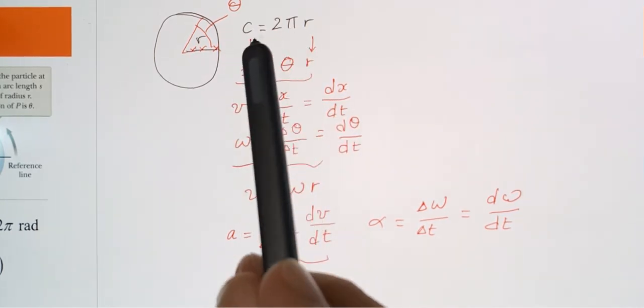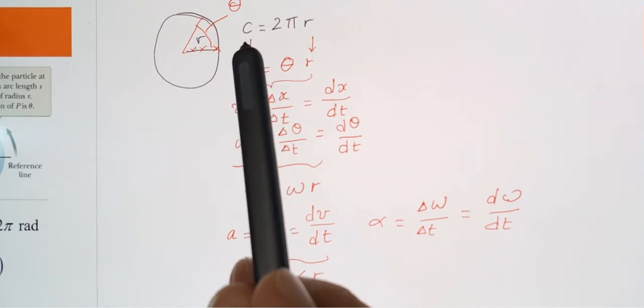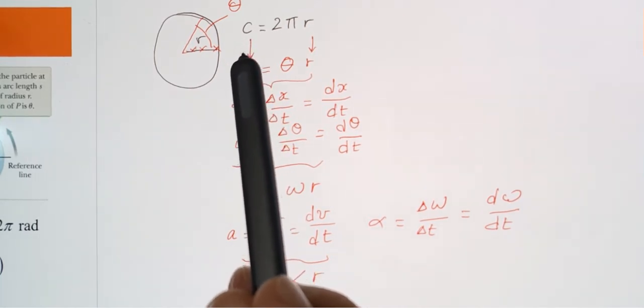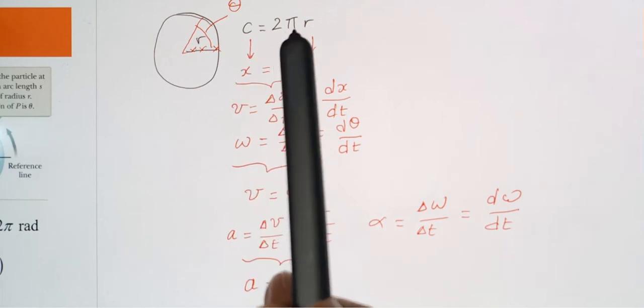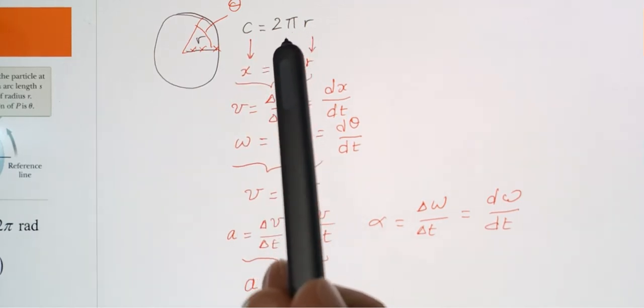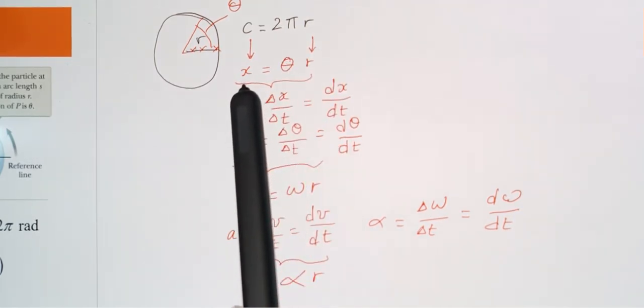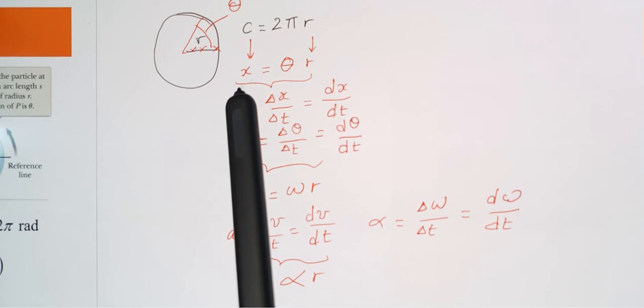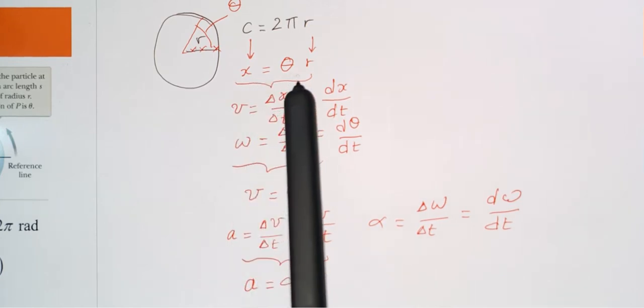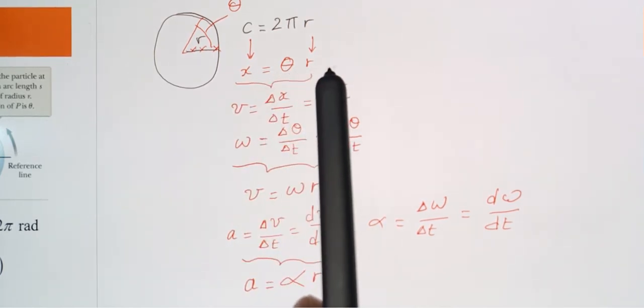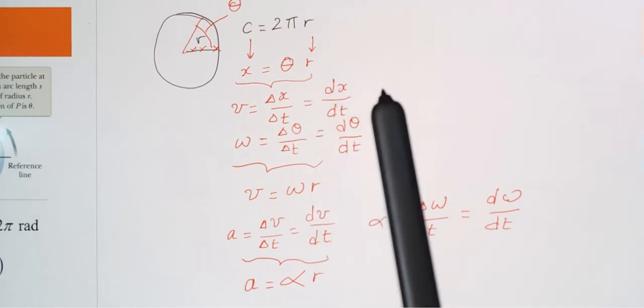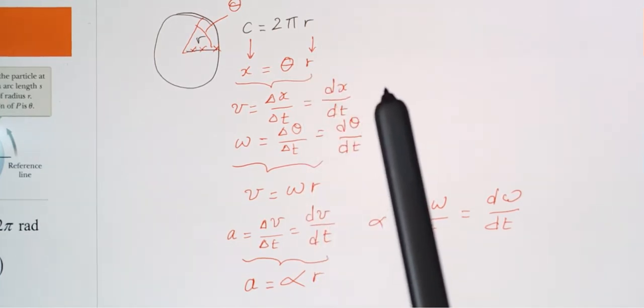We start from here again, Adil. What's the circumference of a circle? 2 pi r. What does 2 pi represent? An angle. So the relation between linear motion and angular motion is this. X is equal to theta r. Do you understand this?